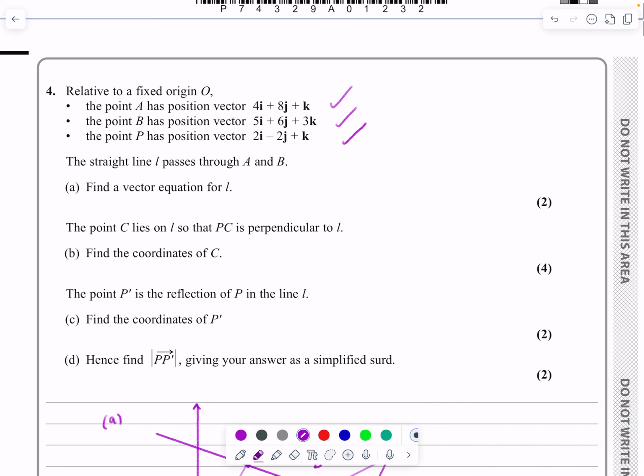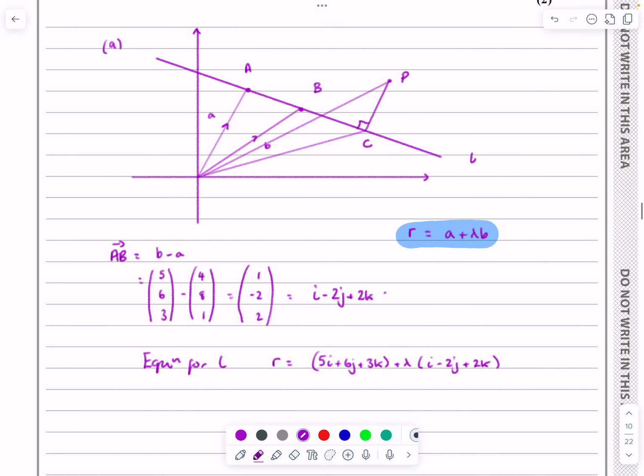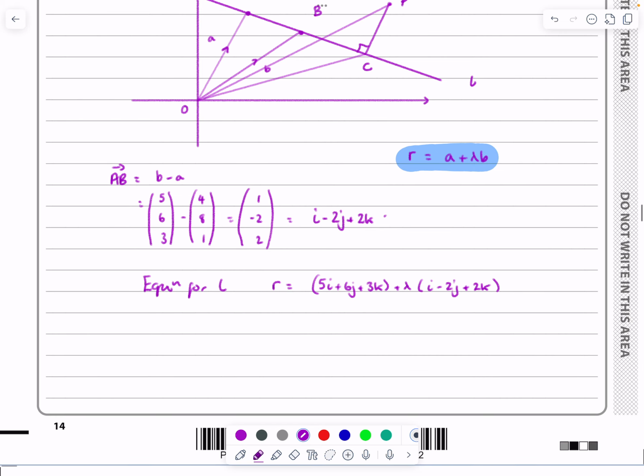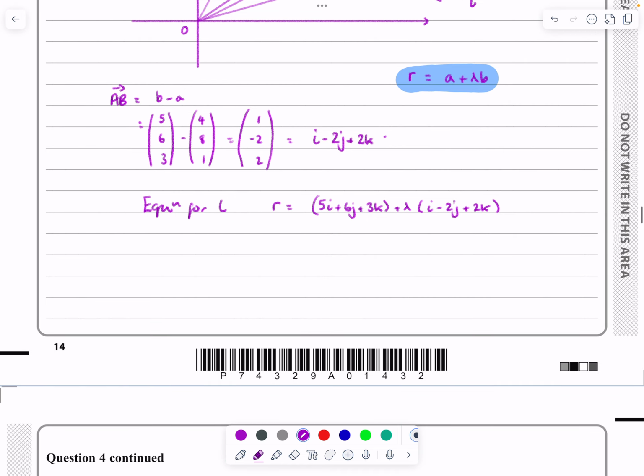For part b, can we find the coordinates of C? If we want to find the coordinates of C, first of all I'm going to work out what OC would be. OC is a point on the line, so it can be represented by this equation. So I'm going to say OC is 5i plus 6j plus 3k plus lambda lots of i minus 2j plus 2k.